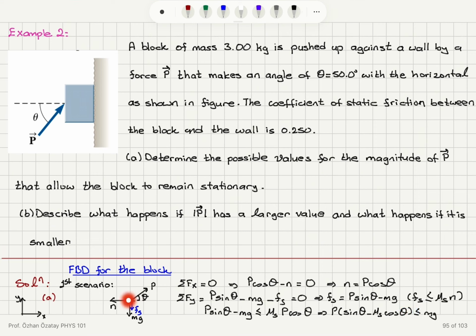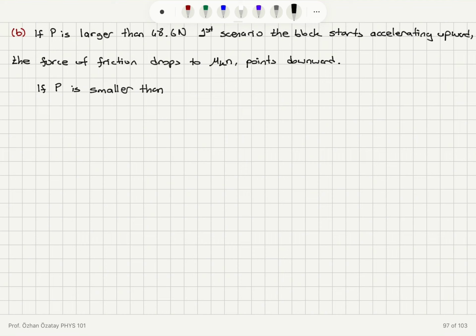Now, if P is smaller than, or less than, 31.7 newtons, second scenario, the block starts accelerating downward and the force of friction drops to kinetic friction, mu k times n.